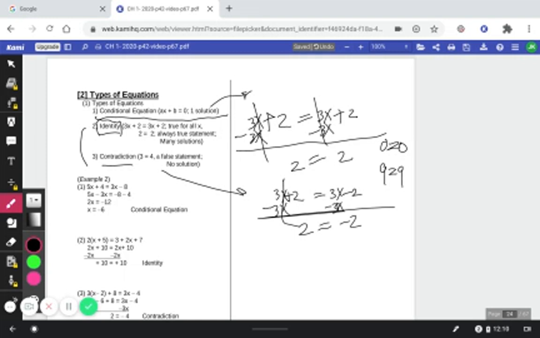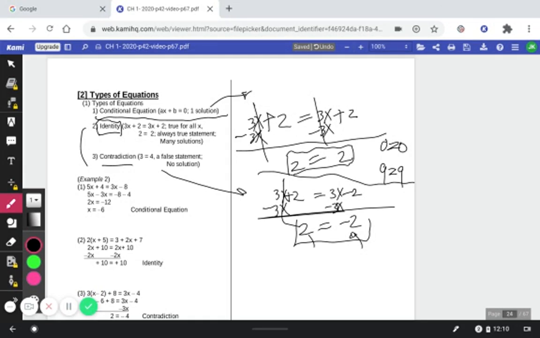So x disappears in the same way as the identity, but the problem is, in an identity, whatever remains, the left side is equal to the right side. But in this type of question, the left side is never equal to the right side.